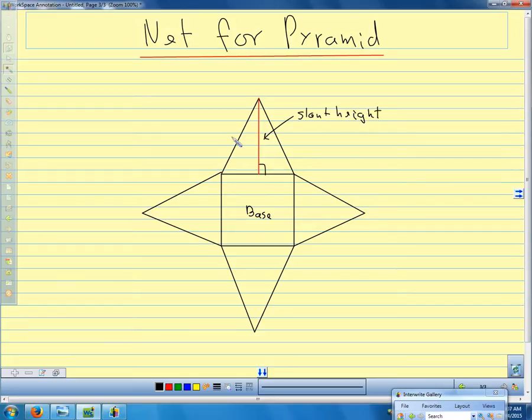We usually use a script L for the slant height. And let's say the side length of the base for the square pyramid is S.